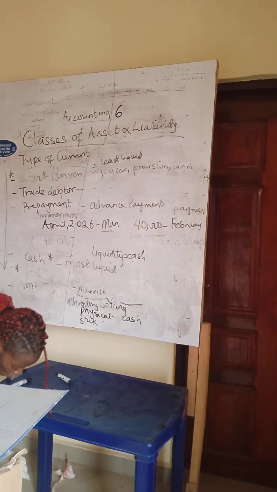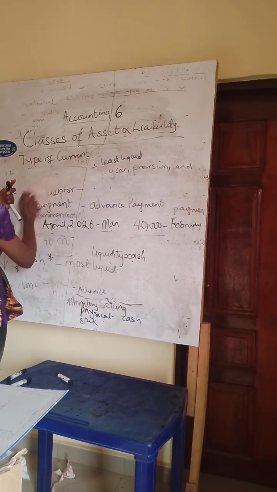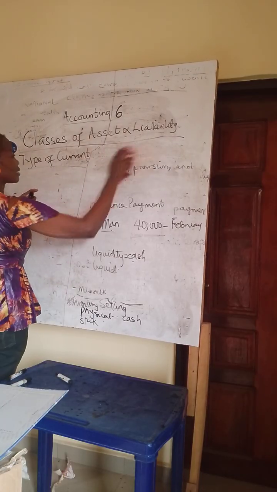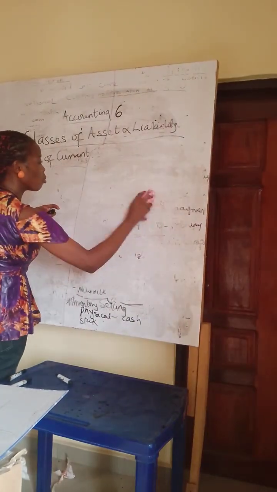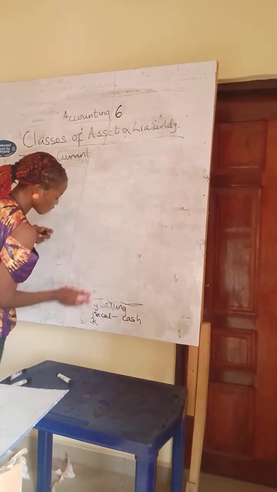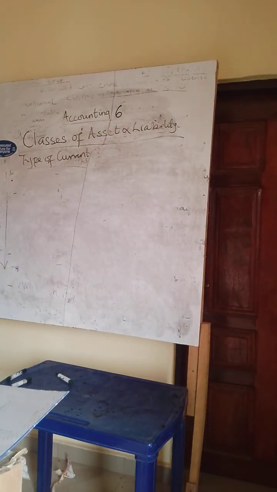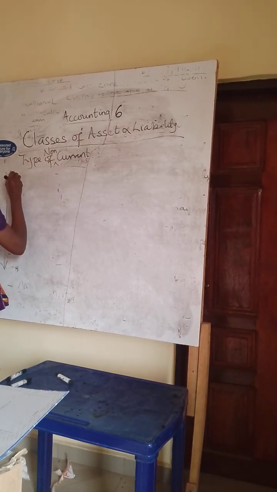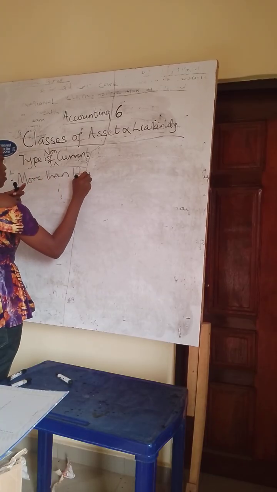Now we also have non-current assets, and I'm going to write the types of non-current assets that we have. Non-current assets are called that because it takes more than one year, more than 12 months, for them to be converted into cash.